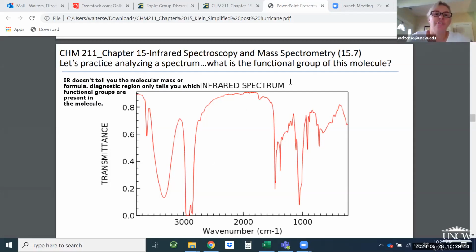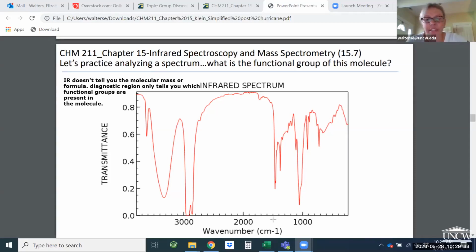So you get your infrared spectrum, and the first thing that I would do is draw a thick line at 1,000.